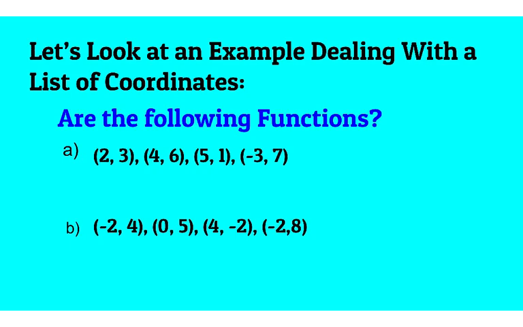Looking at example A, I notice there's a list of coordinates and each one has a different x value. Now, since the x values do not repeat, this is a function.